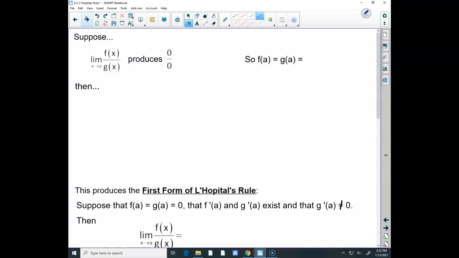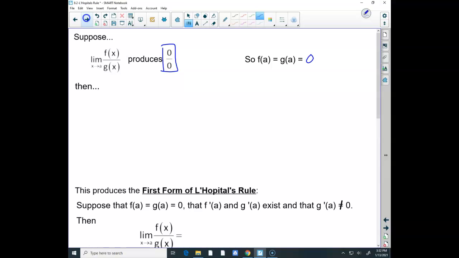So what we're looking at here is we're going to say suppose the limit as x approaches a of f of x over g of x produces my indeterminate form of 0 over 0. Well, what does that mean? Well, remember, we're substituting in. So that means when we substituted a in for x, f of a and g of a both equaled 0, because we produced 0 over 0.